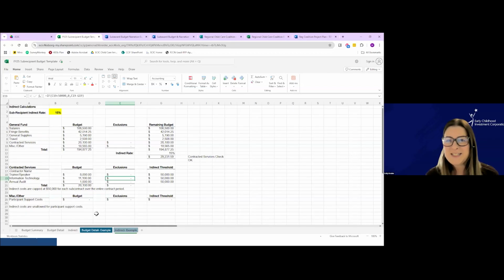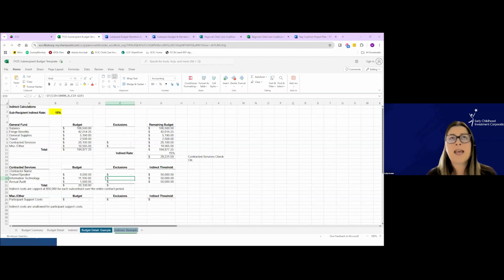What is indirect? Some of you may be very familiar with this concept. Some of you, it might be new. But essentially, indirect are the expenses of doing business that are not easily identified or attributed to a particular grant, contract, or project, but really necessary for the general operation of the organization.